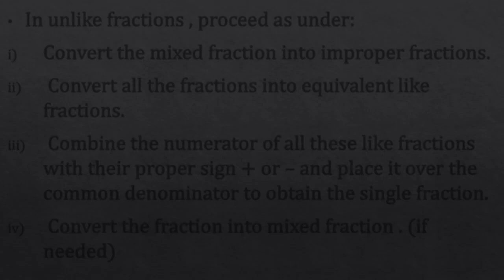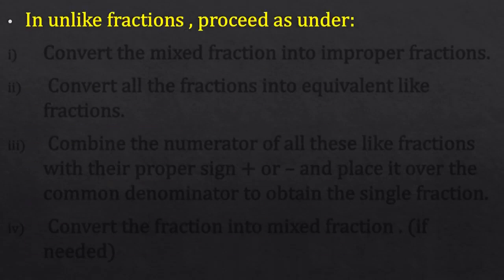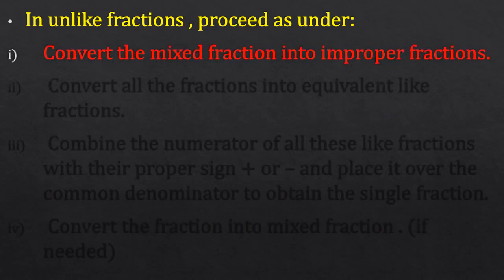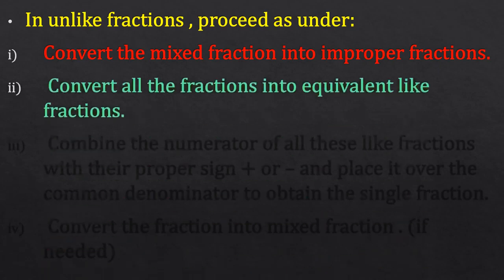Now see what procedure we will follow in case of unlike fractions. Suppose we have unlike fractions. First step is to convert the mixed fractions into improper fractions. If you have any mixed fraction, then first of all convert it into improper. Then the second step is to convert all the fractions into equivalent like fractions, which we have done earlier also in case of comparison.